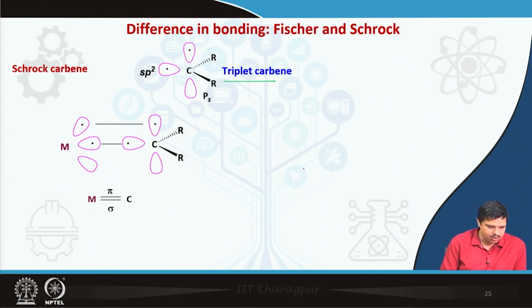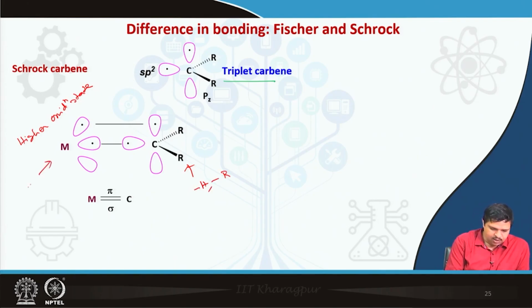As we already discussed, these are generally higher oxidation state transition metals. In this case the R groups are generally H or other alkyl groups, and here the Cp is the ancillary ligand.